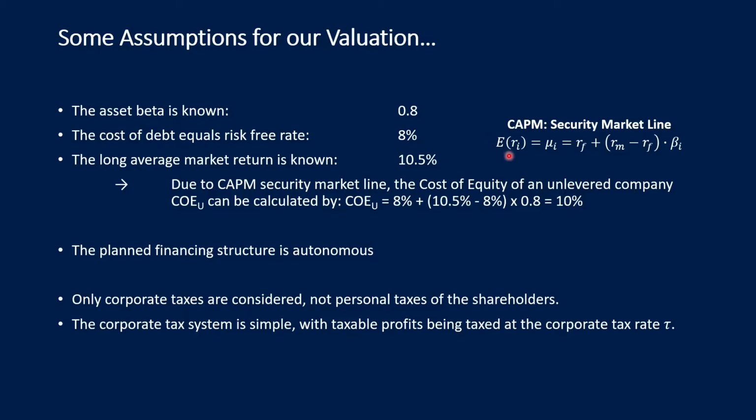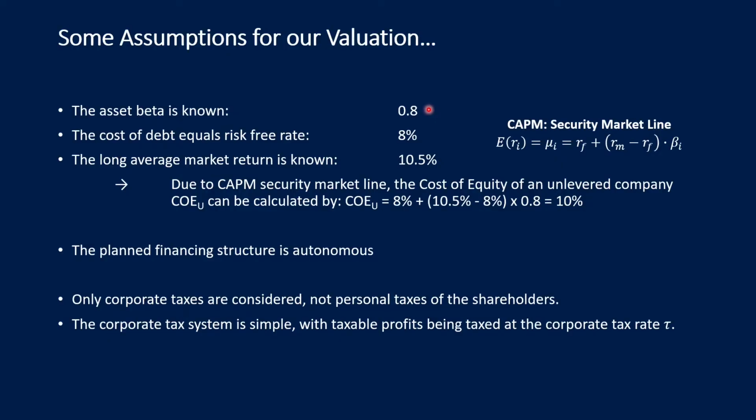We see that the expected return of the company, that can also be called mu, is given by the risk-free rate plus the market rate minus the risk-free rate. And what we see in brackets here is the so-called market risk premium that has to be multiplied by the individual beta factor. And, well, we assume that the asset beta is known.